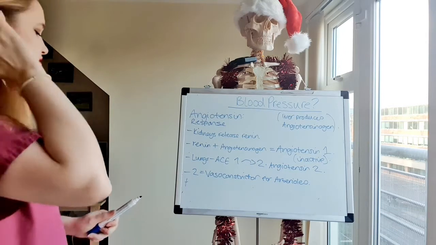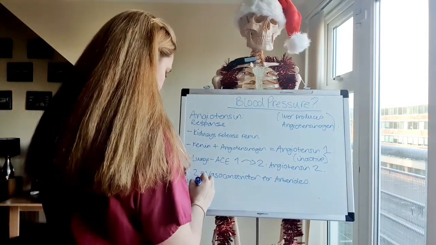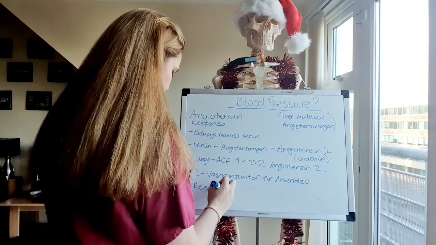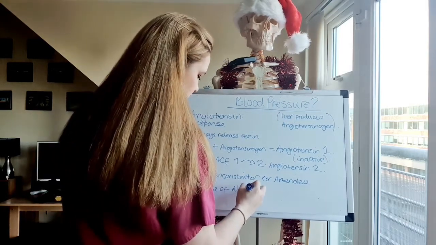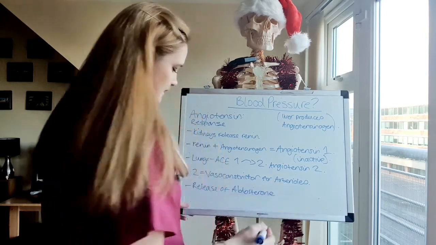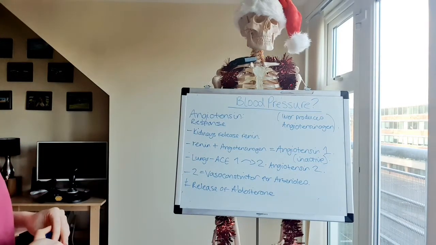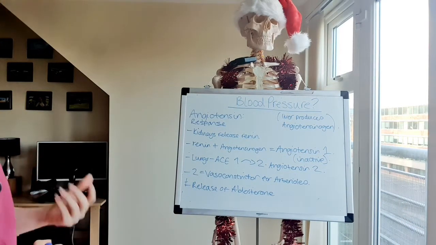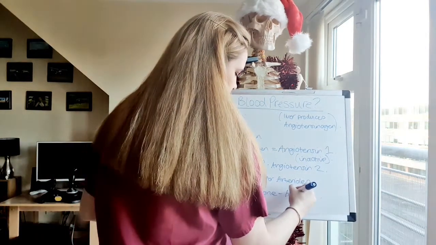And angiotensin 2 also causes a release of a hormone, okay? So this releases aldosterone. So it vasoconstricts arterioles and it releases aldosterone from the adrenal cortex.